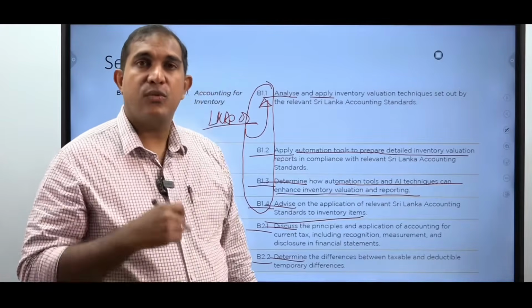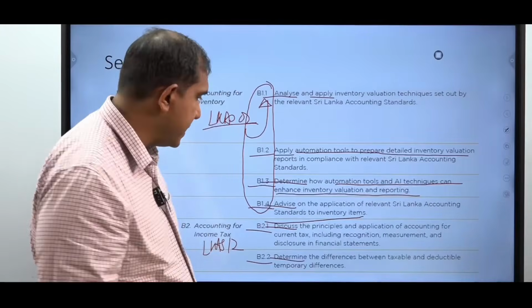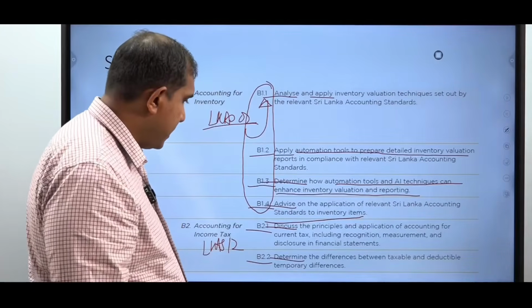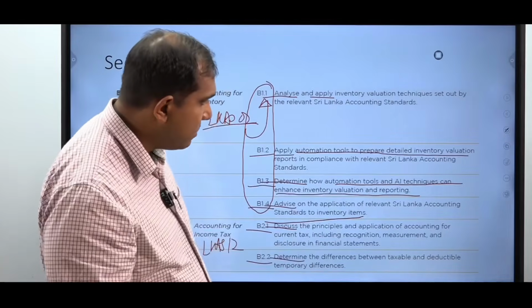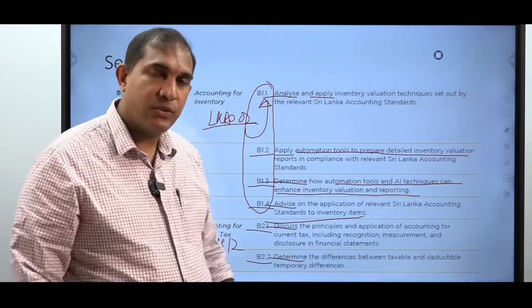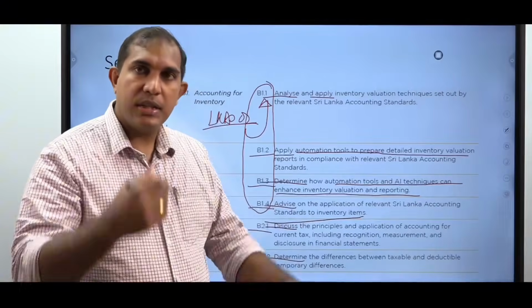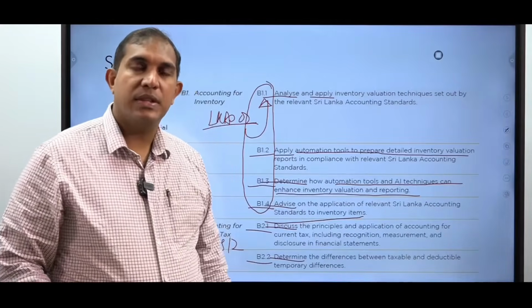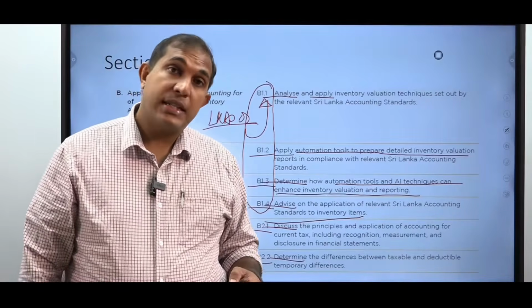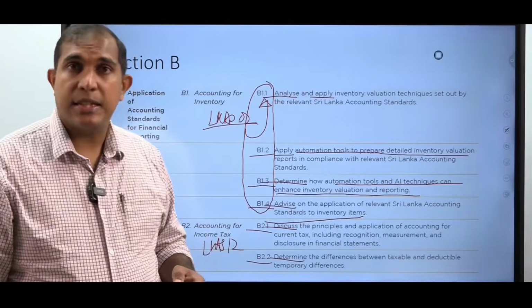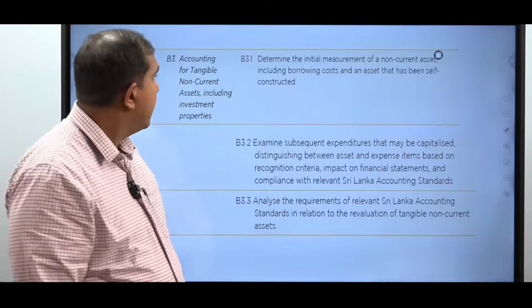Deferred tax assets, deferred tax liabilities, we can discuss them. Then B 2.2, determine the difference between taxable and deductible temporary differences. Based on the deductible and taxable temporary differences, we would be recognizing deferred tax assets, deferred tax liabilities, etc.